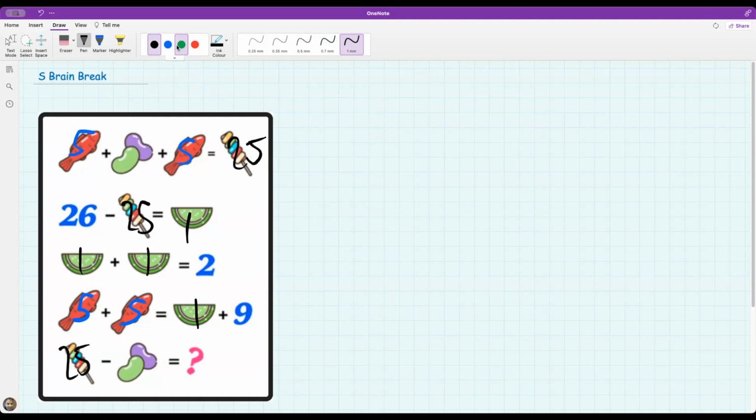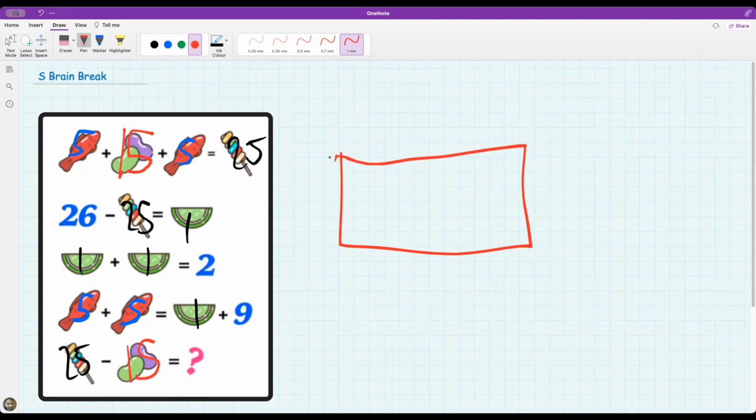So what are my jelly beans going to be? So jelly beans, 5 plus 5. So this is going to be 15 in total. So then what is the final answer going to be?